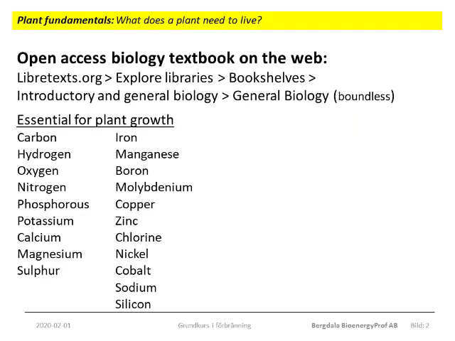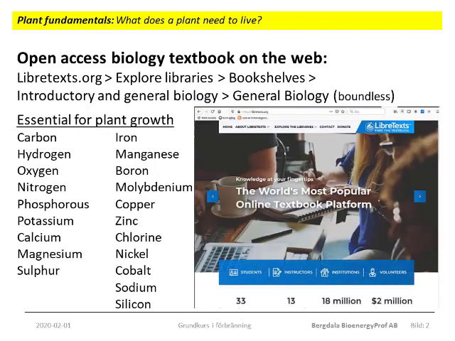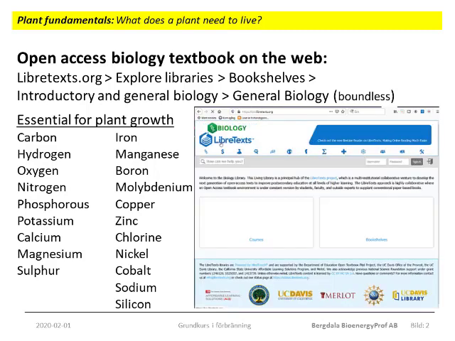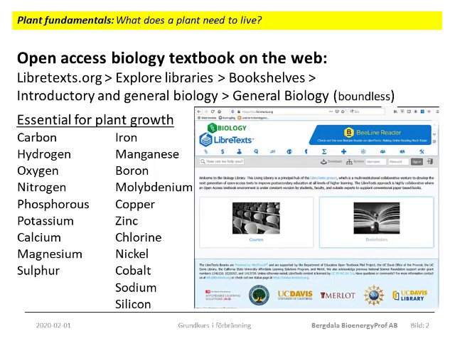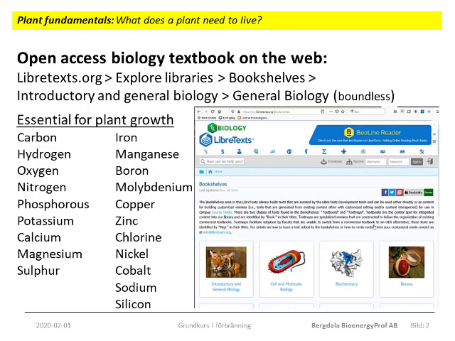The first thing to know is which elements are crucial, and that comes back to the fundamental biology. In case you do not have a good biology textbook handy on your desk or in your bookshelves, I'd recommend you go to the website libretext.org.